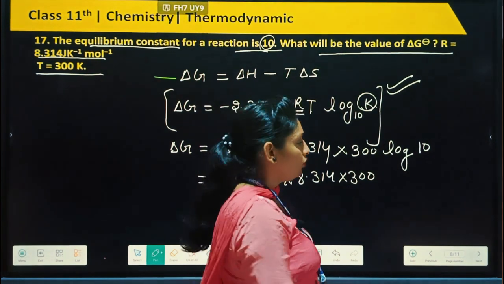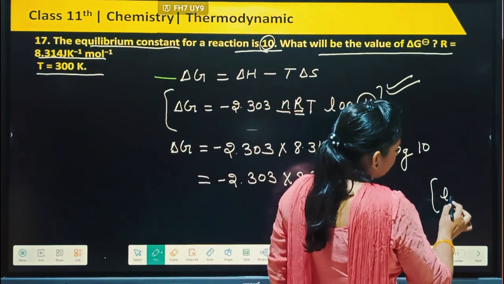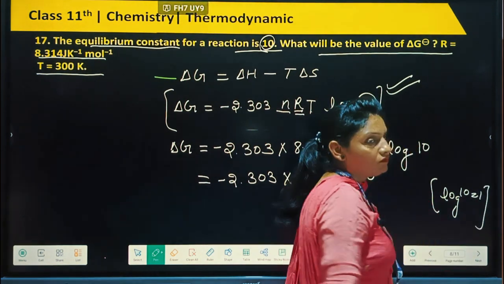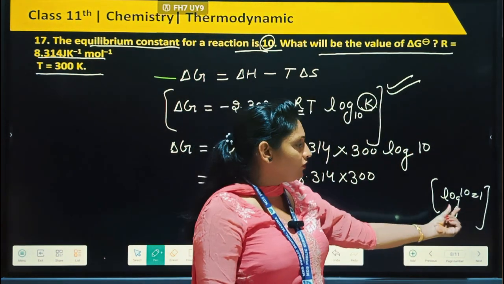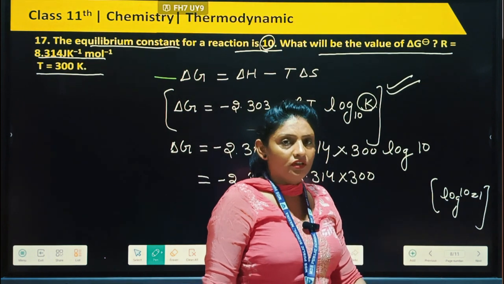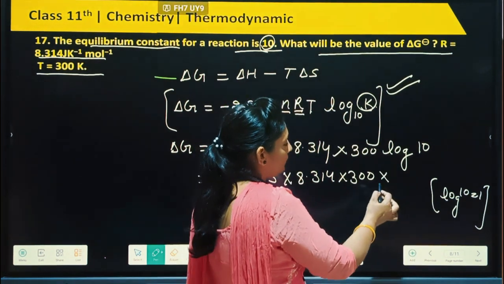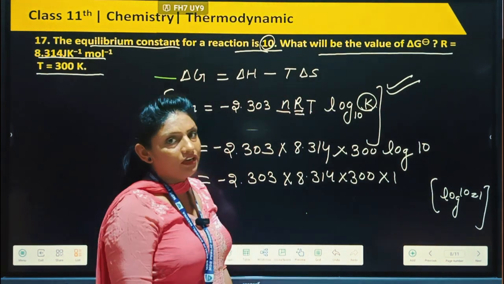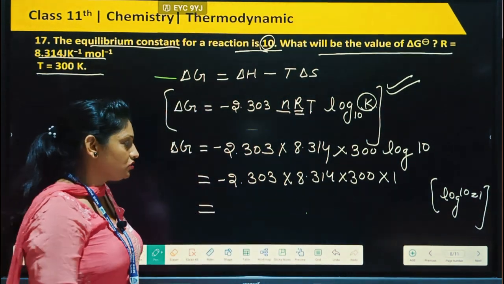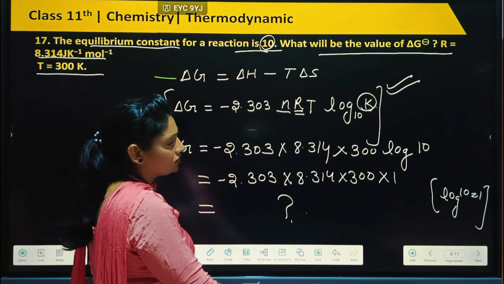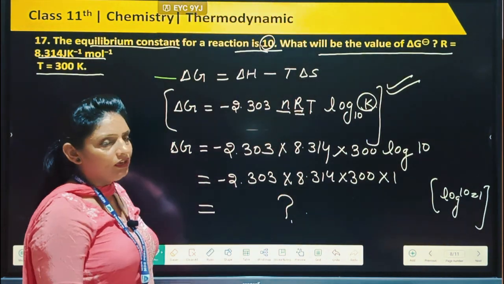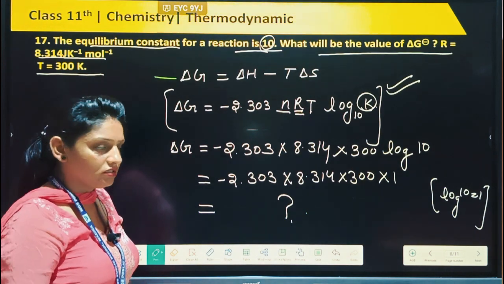Student, you know the value of log 10, it is 1. Keep this in your mind. Log 10 is 1. So simply by multiplying, you can get your answer. You will calculate yourself.